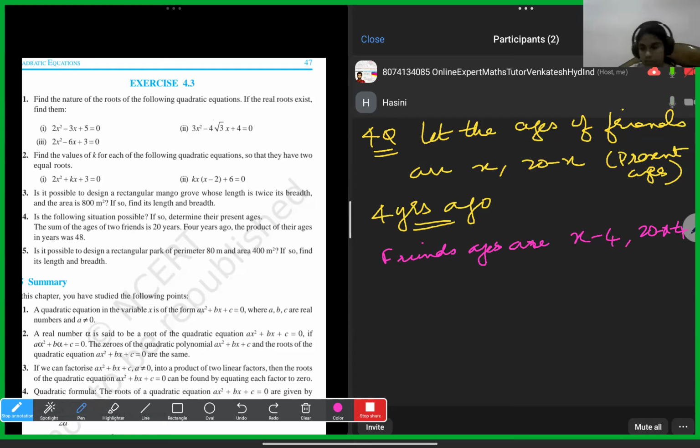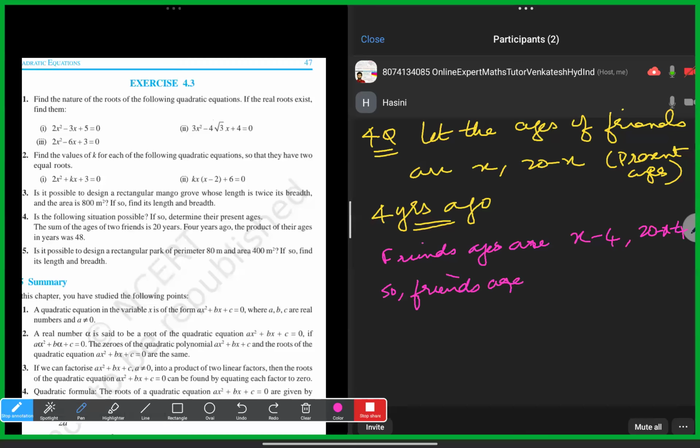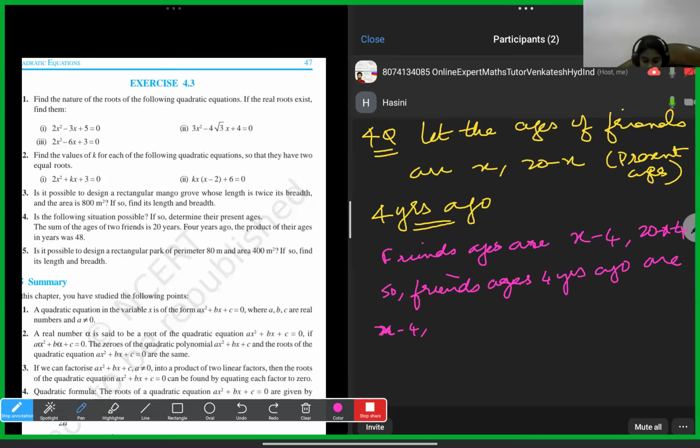So the friends' ages 4 years ago are x minus 4 comma, and this 20 and 4 you can subtract now, so it will become 16 minus x.